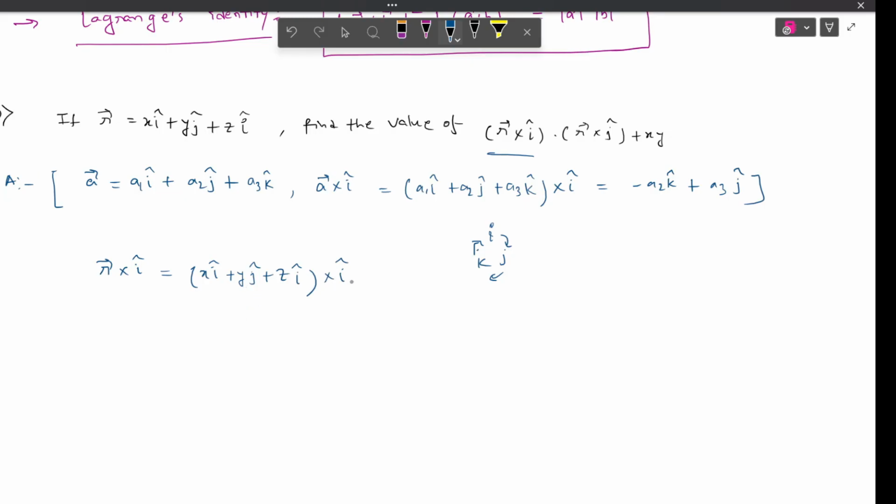Then see i cross i is 0 because sin 0 is 0. And if you multiply j cross i, so j cross i would be minus k. So it would be minus y into k. There is a mistake in the question. This should be j. This should be k.